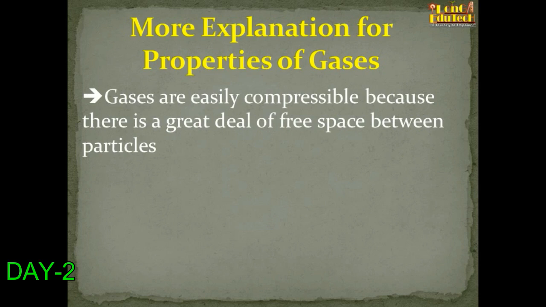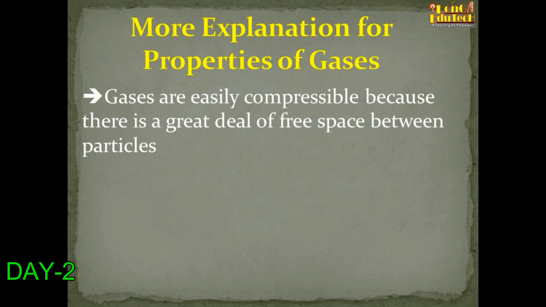Due to that weak force, there is a very large free space between the particles. That's why they can be compressed very easily, or we can say gases are highly compressible compared to liquids and solids.